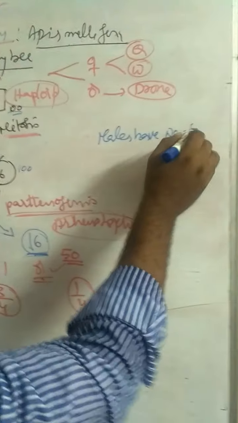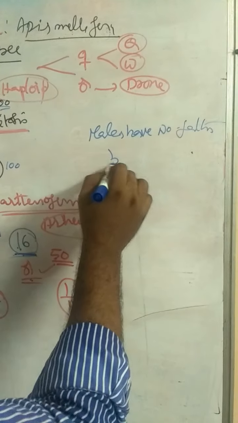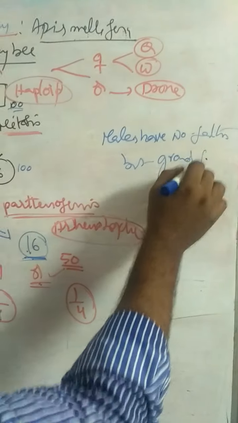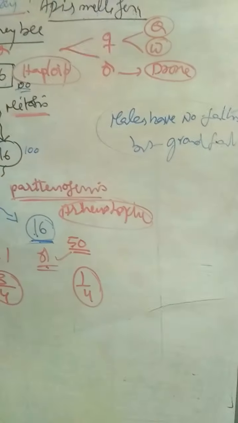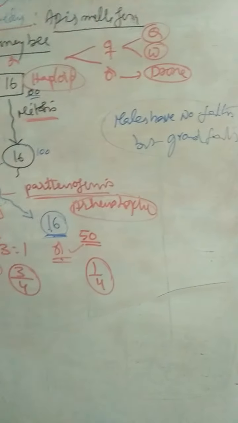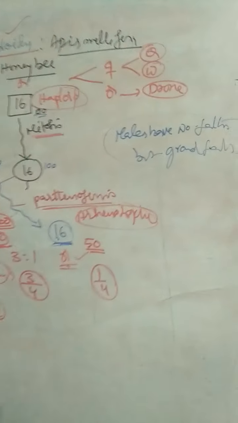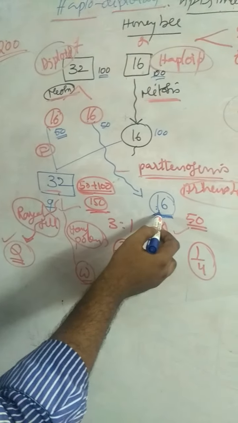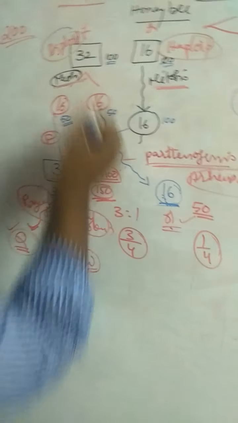This is a simple one. This is another example: this is male, only the mother is present, but there is no father. So males have no father, but grandfathers.